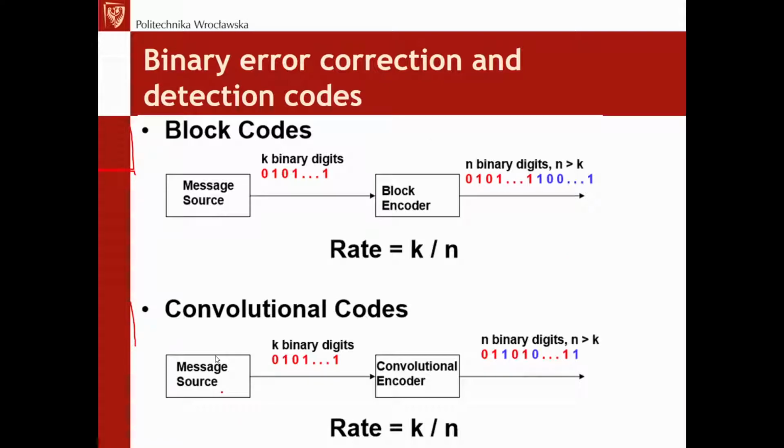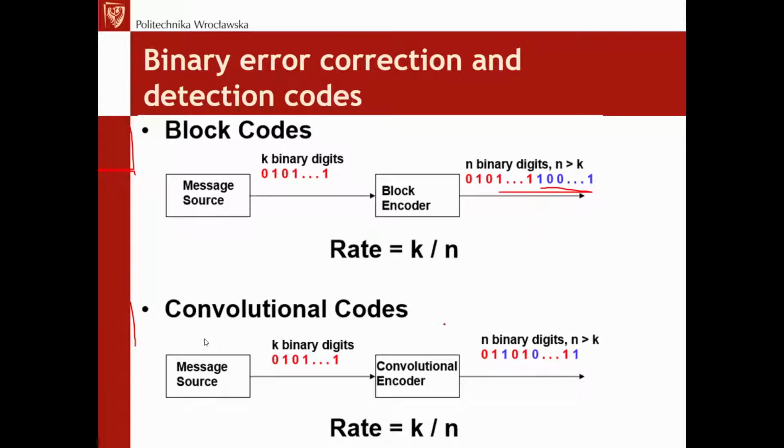That's the first classification, where we are adding this additional detection and correction information either as a unified block of zeros and ones, or in the convolutional version, when they are intervened between the normal bits of information. Both ways have some pros and cons, depending on our needs and on our particular application. Either of those can be used.